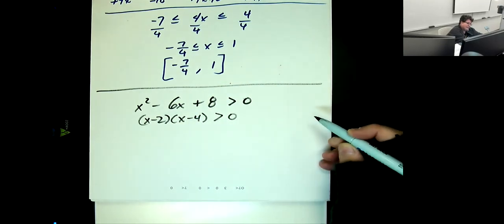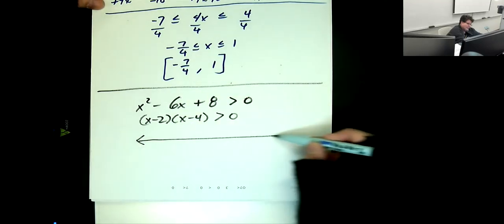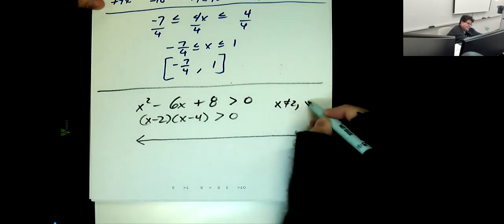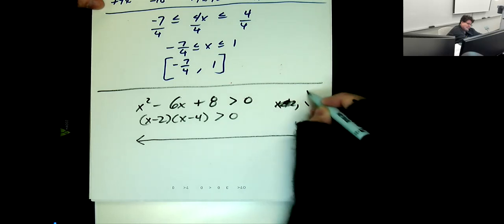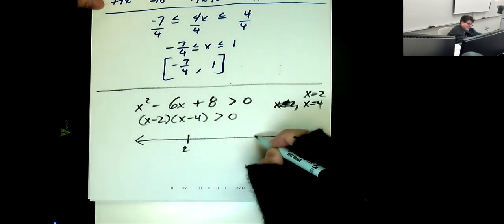So once you factor it like that, that's where we need to do the number line. You set each of these equal to 0, and you're going to get x equals 2 and x equals 4. And we're going to do test regions in there.